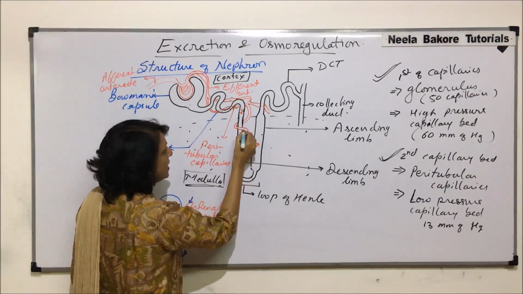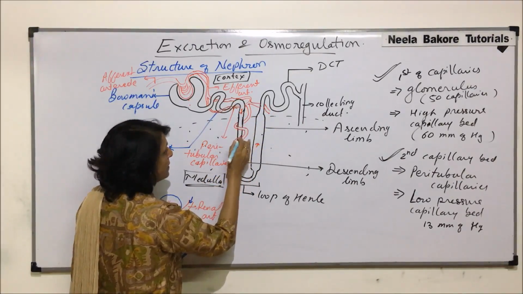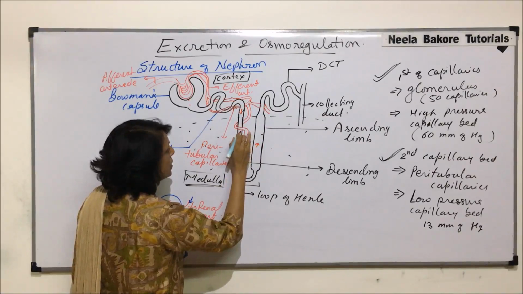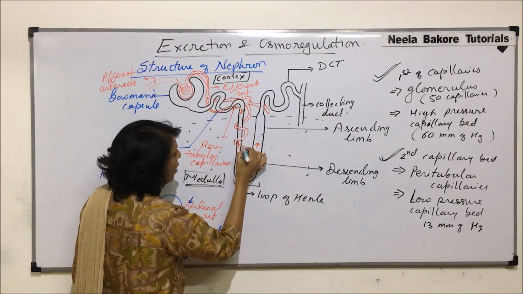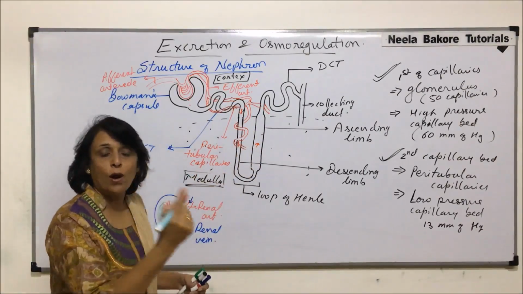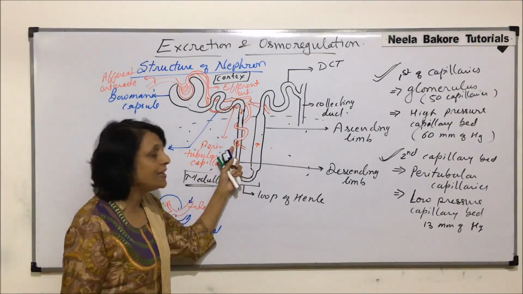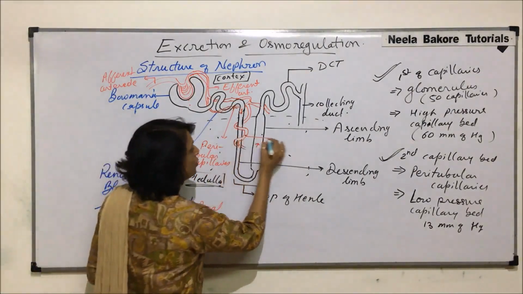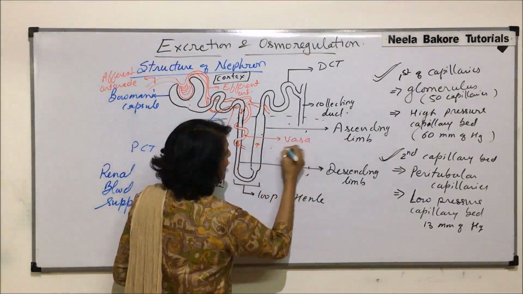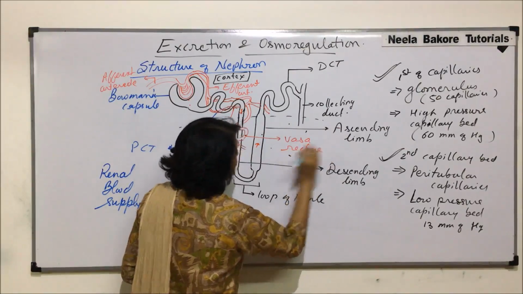So as you can see here, they are making loops around this loop of Henle. They are coiling around it, and this part is known as vasa recta. So these tubes are vasa recti.